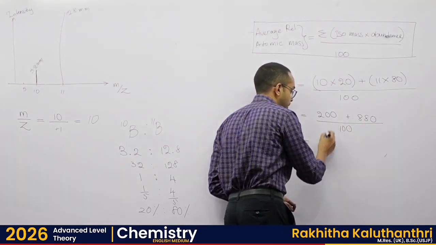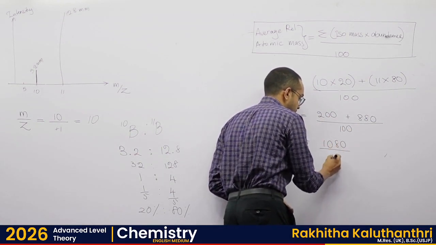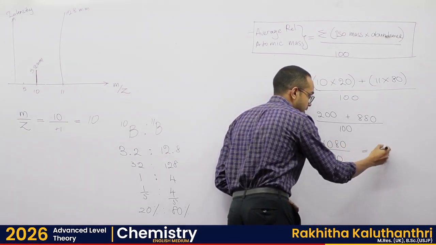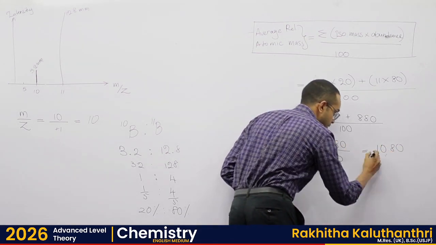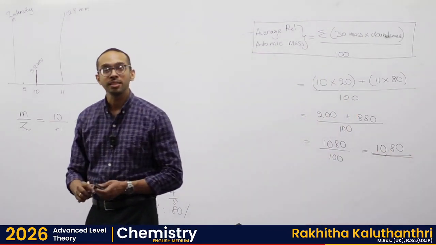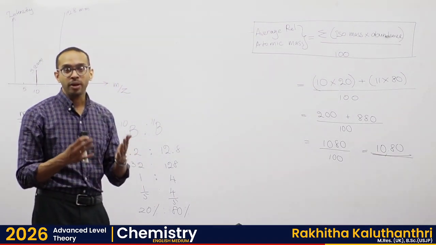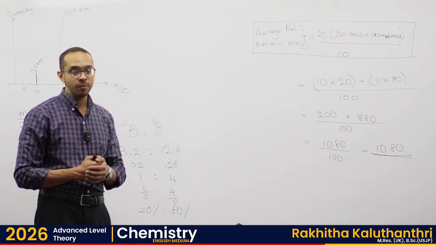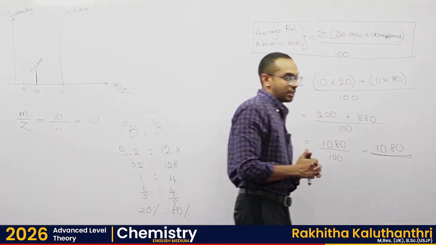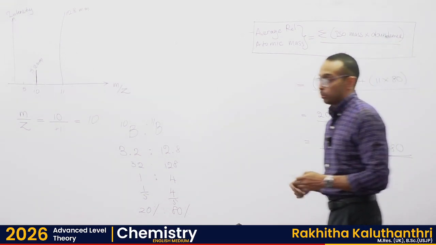So the answer would be then 1080 divided by 100. 1080 divided by 100 is 10.80, right? 10.80 or 10.8. So what is the average relative atomic mass? 10.8. Right? Now you have many questions like this asked in your papers, sometimes in MCQs also.